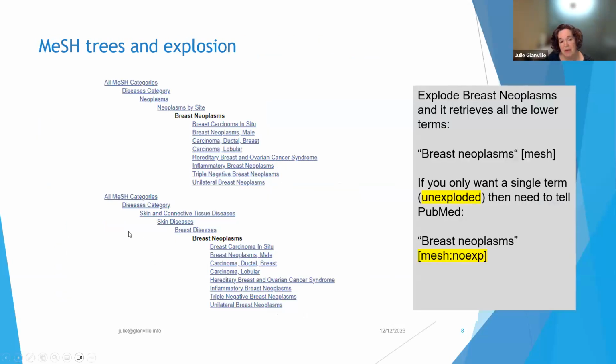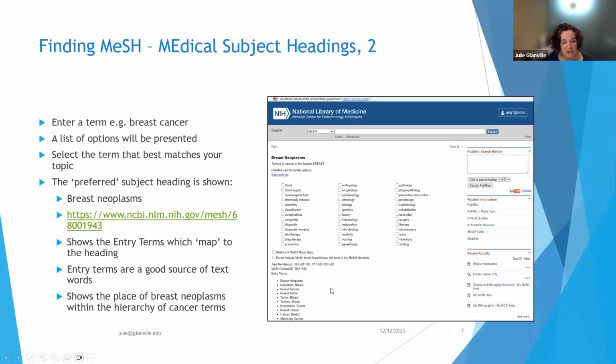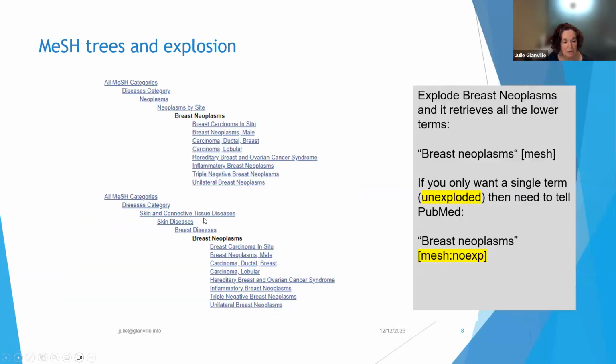So further down this display, you come to the MeSH trees, and the MeSH trees show you the thesaurus in detail, and they're helpful because you should always check that the subject term you are planning to use doesn't have broader terms that might not also be useful, and also what the more specific terms are going to cover if you decide to use the explosion option.